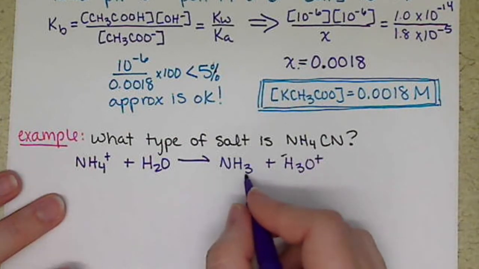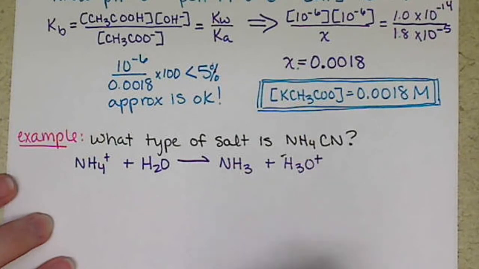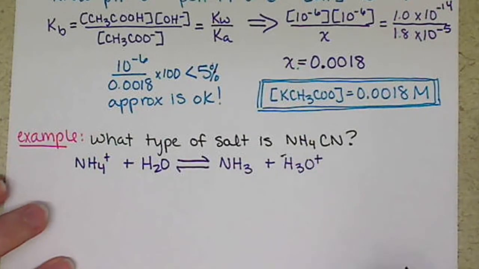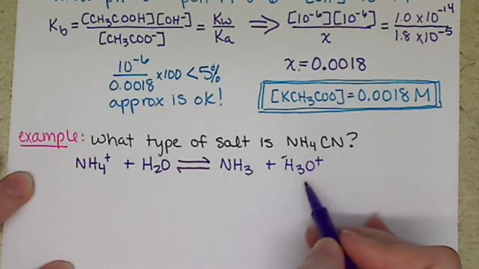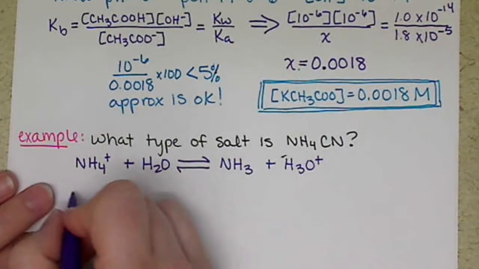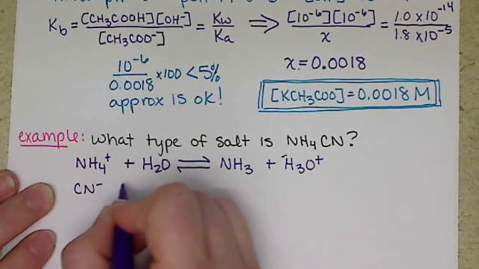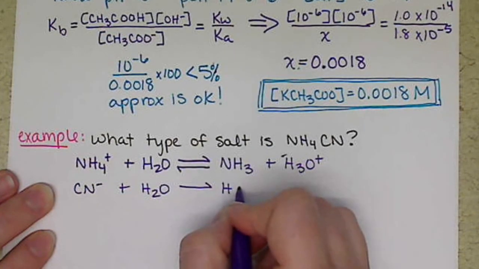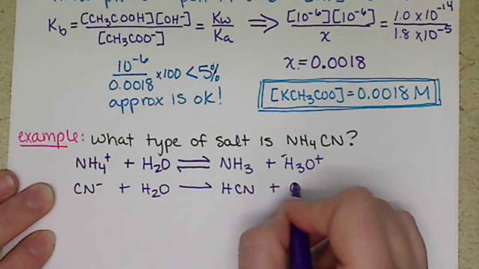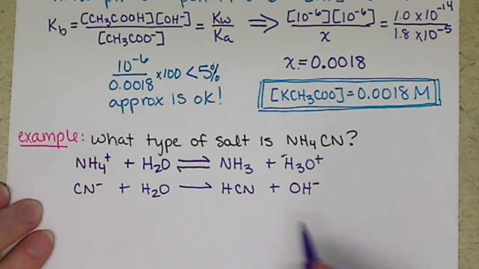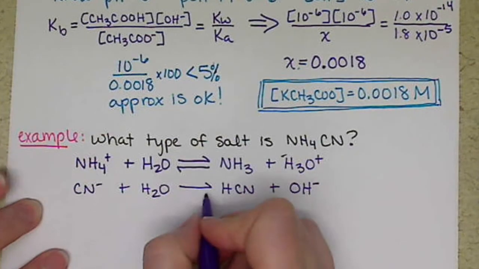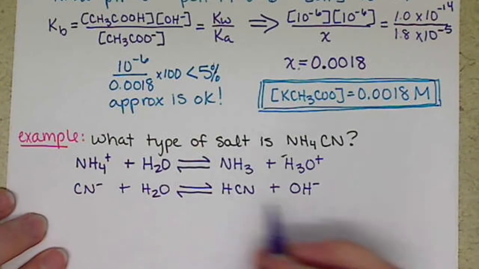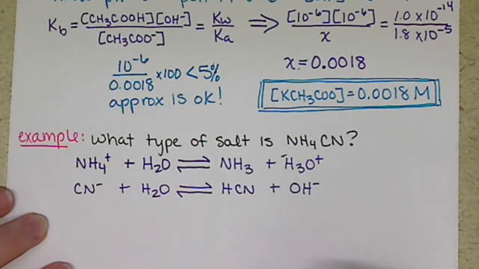NH3 is a weak base, so we will be in equilibrium, so we are going to produce H3O+. We look at CN- interacting with water. We've seen this before. It forms HCN and OH-. HCN is a weak acid, so we are going to be in equilibrium.